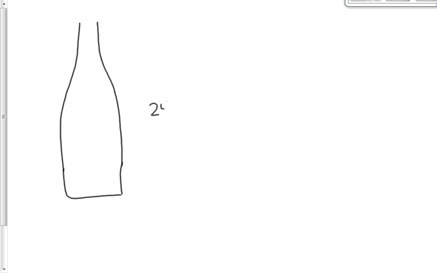Here's one for you. Couldn't give you this because it's not completely unlike a question that you're going to see on a test, but you got a bottle of Coke here. It's 24 centimeters long.